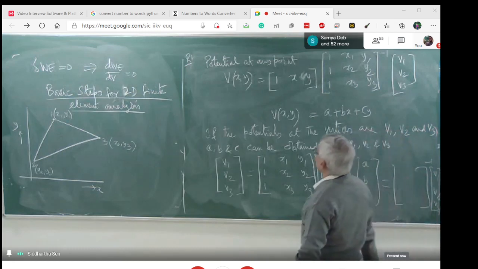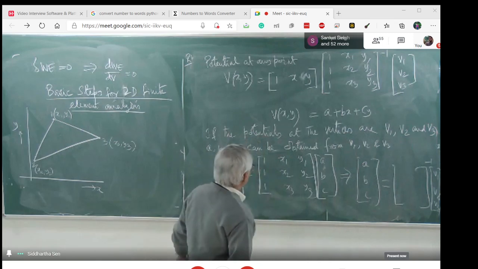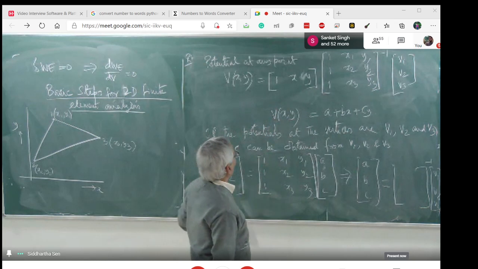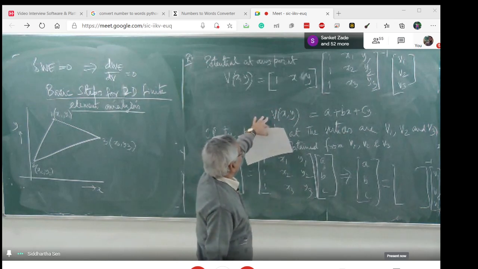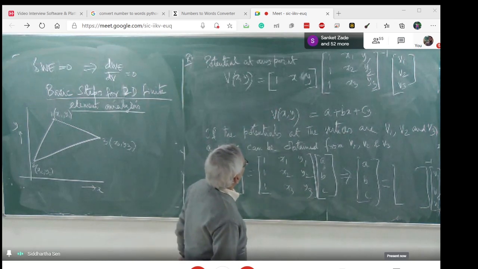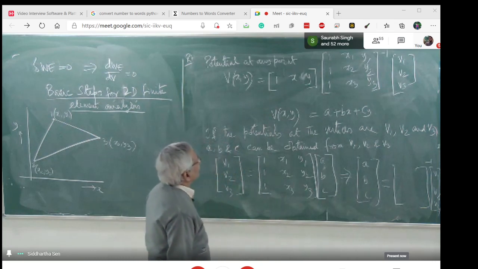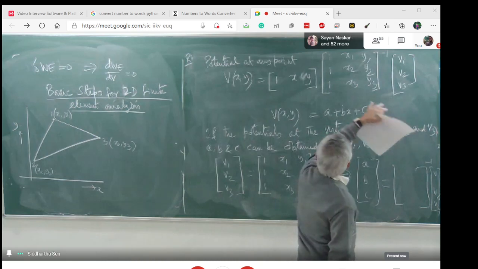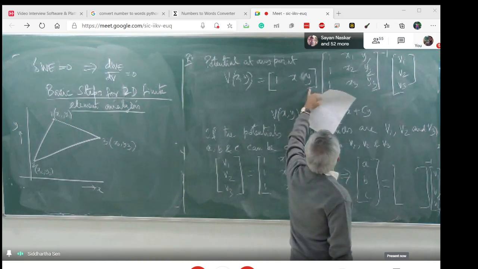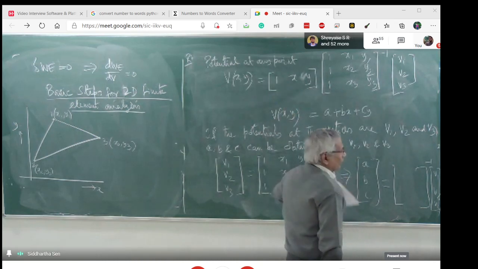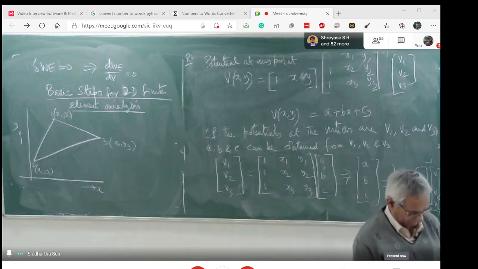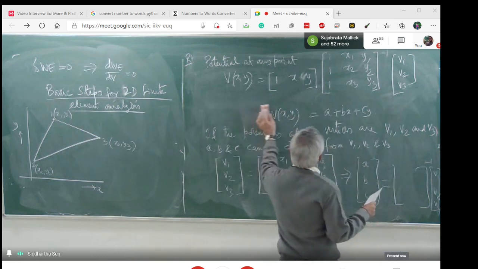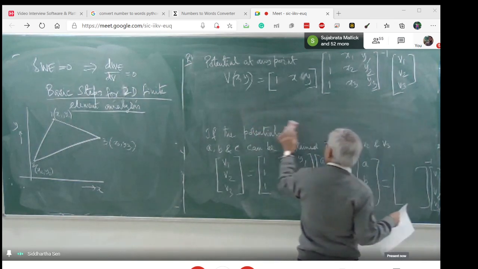What we want is that these are all constants, V1, V2, V3, x1, x2, x3. Only if I know x and y, I can find out the potential at any point here. I just write it down in this way, only one step. I will not go further.